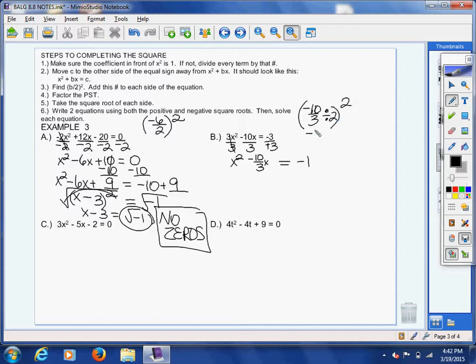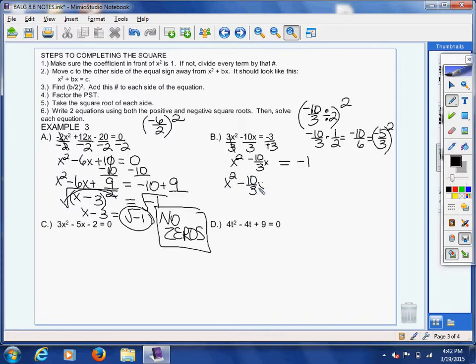So we're going to do copy, change, flip, and we have -10/6, which can be reduced to -5/3. That's the fraction you're going to square, and that's the number we're going to add to each side.